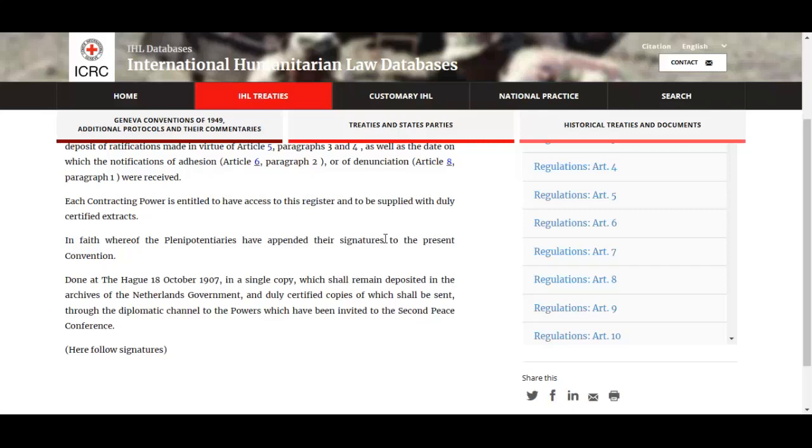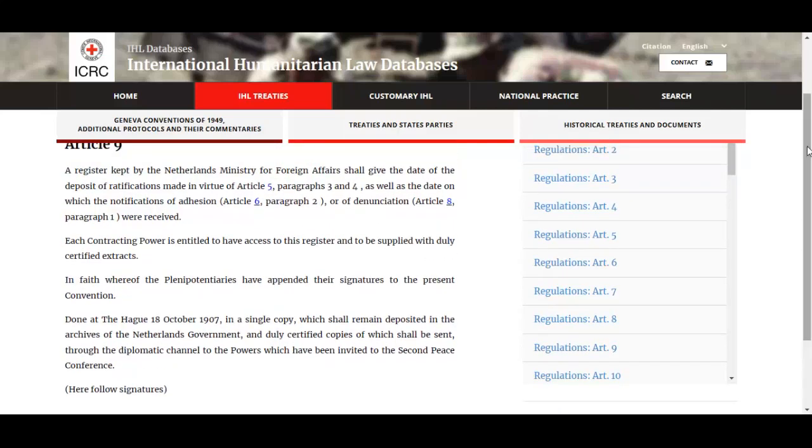Signatures not reproduced here. So now we go to the annex, where we get into the meat on the bone.